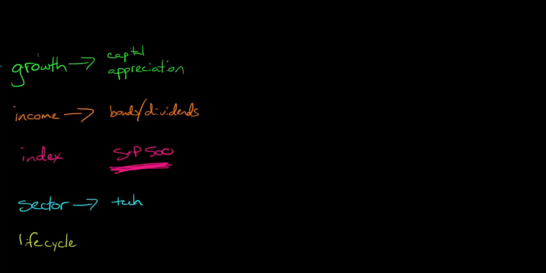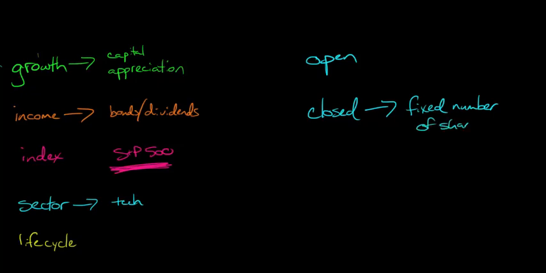But another distinction is open versus closed. So when we say that a fund is open or closed, what we mean is this. With closed, there's a fixed number of shares. When the fund is started, somebody says, look, there's 1,000 shares, let's say, of this fund.